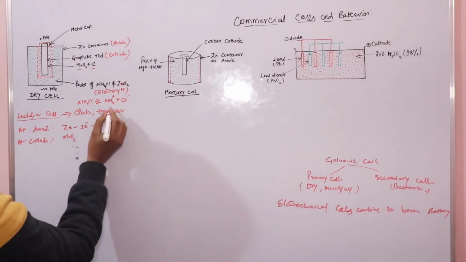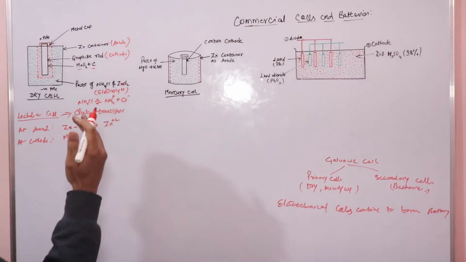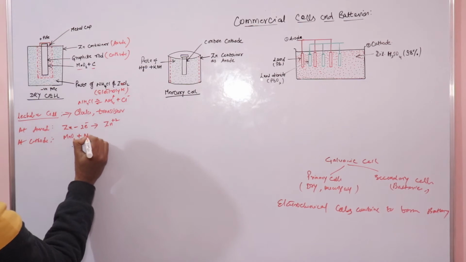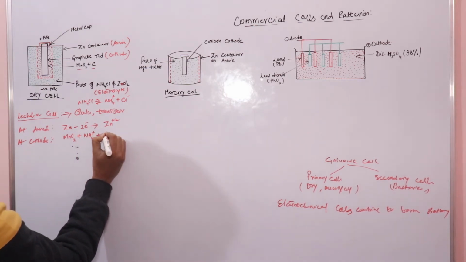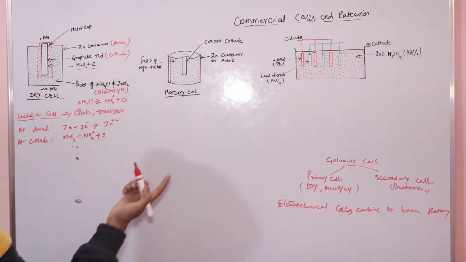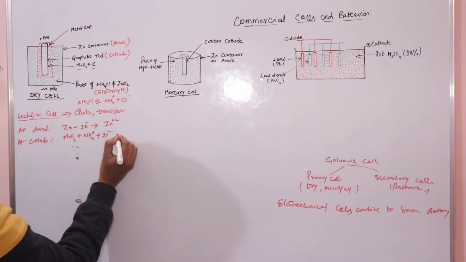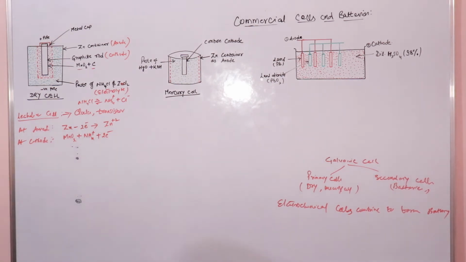So at cathode you have all positive ions, so ammonium ion is here, plus 2 electrons lost from anode will be gained at cathode.